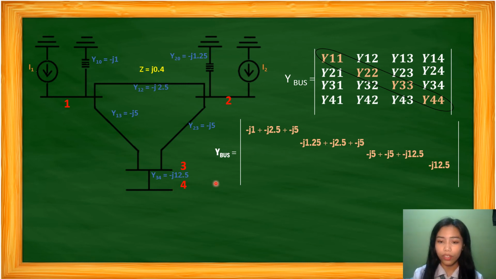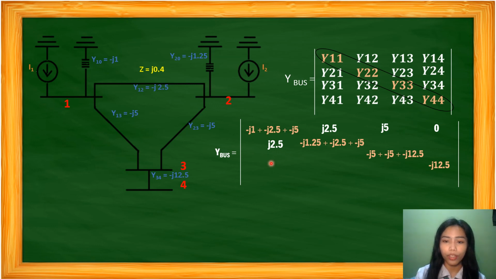And for the off-diagonal elements of the admittance, we have Y12. The reciprocal of this negative J2.5 is J2.5. Y13, here negative J5, then we have J5. Y14, 0. Y21, J2.5.